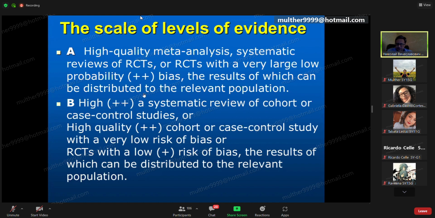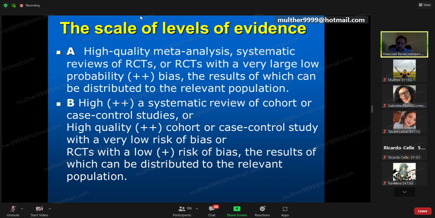And the results of this trial can be distributed to the relevant population in other countries, in other cities. Relevant population, for example, of the same year, similar age, or gender group.